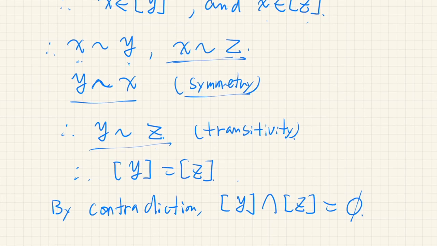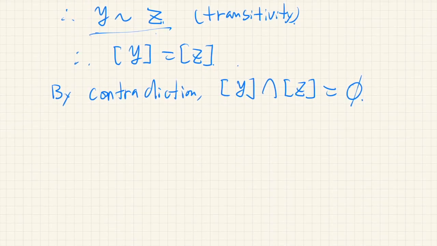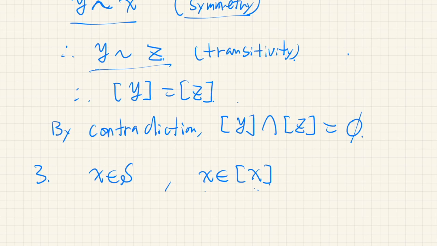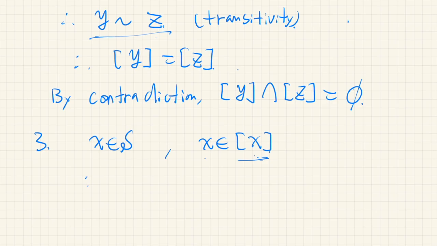And the third condition is collectively exhaustive, right? And that's actually easy to prove. For any x in S, we have x belongs to the equivalence class of x. And we have shown from the previous condition that x only belongs to one equivalence class. Therefore, x belongs to precisely one of the equivalence classes.